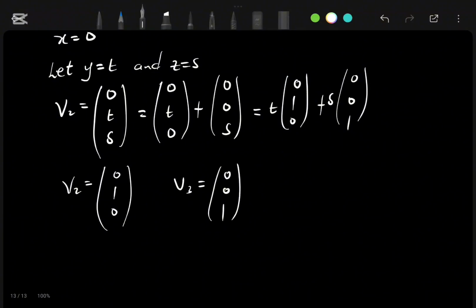Since we have two vectors, there's no need to combine them as one. We need to separate them. So our v2 will be split into v2 and v3.